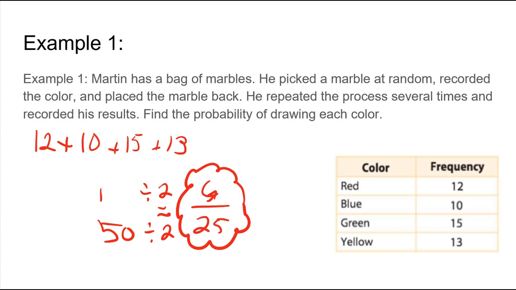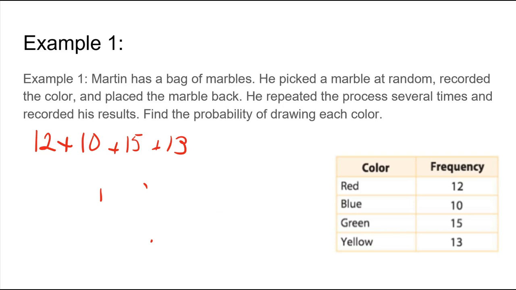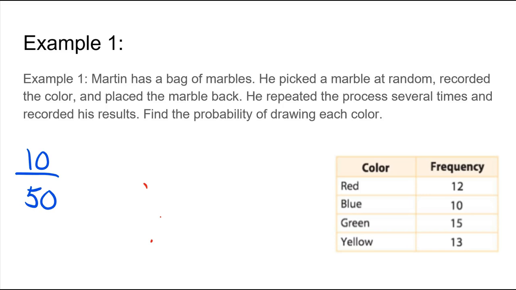Let's take a look at our next one. Our next one is blue, and we do the same thing. We place the number of times we got a blue over the total number of trials. So we have 10 blues out of a total of 50 trials. We simplify because 10 goes into both of them, and we say the probability of drawing a blue is 1 out of 5.